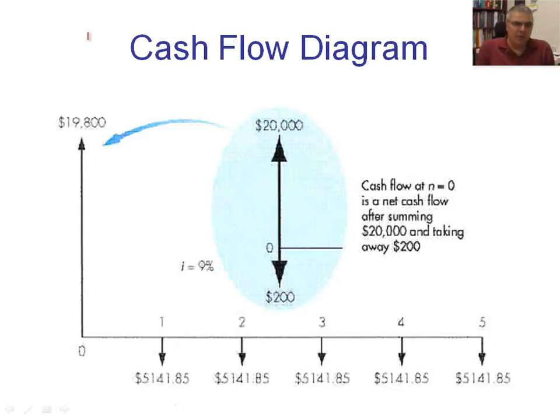So that brings me to the concept of cash flow diagram. In order to best describe the loan, again, $20,000 with $200 origination fee or some kind of a fee, that would be $9,800.